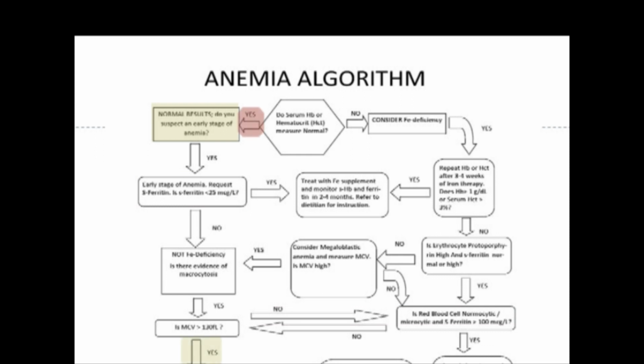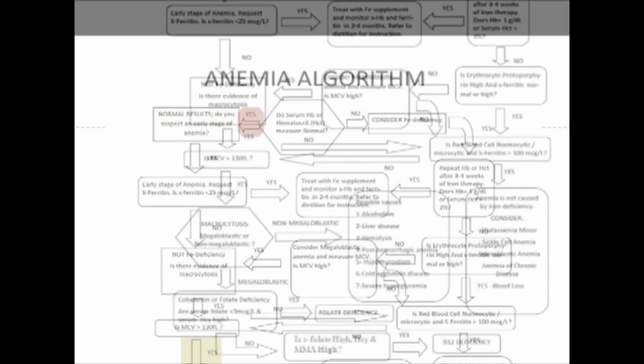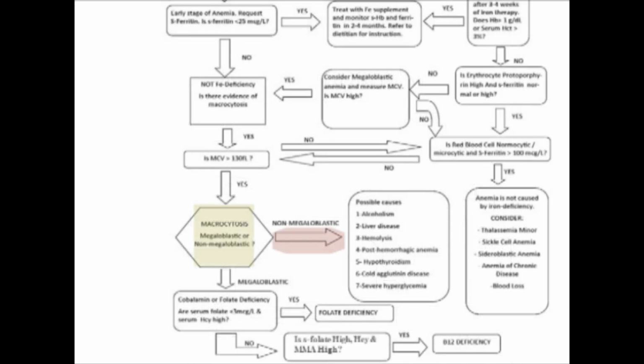If, however, the answer is yes, then we have to go downward in the algorithm and verify what kind of macrocytosis this is. So if we look at the macrocytosis, we ponder whether or not it's megaloblastic or non-megaloblastic.